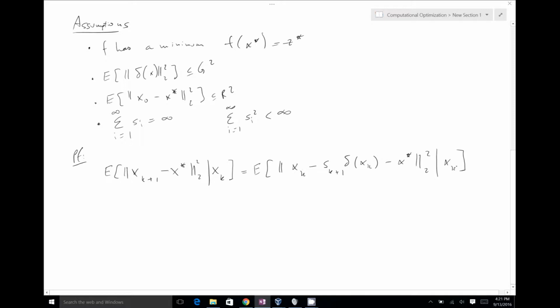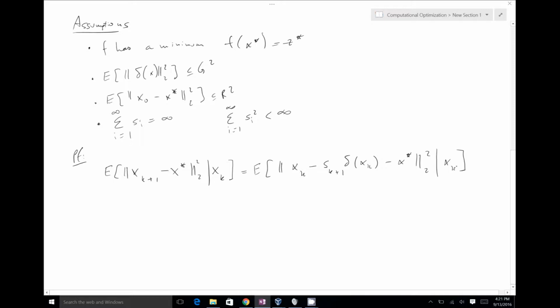So the next thing I want to do is, this norm I've written right here, it's really like a dot product, because it's the norm squared, right? And so that dot product, I want to just distribute things.